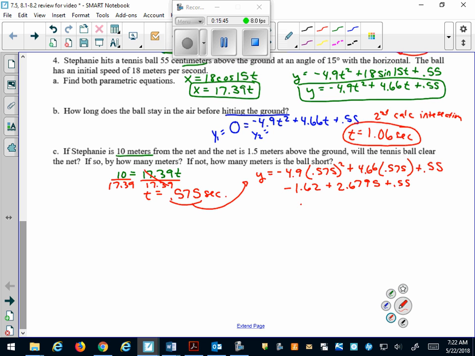And it turns out that y equals 1.61 meters high after it's gone the 10 meters. So since the net is only 1.5 meters high, yes, it goes over the net.